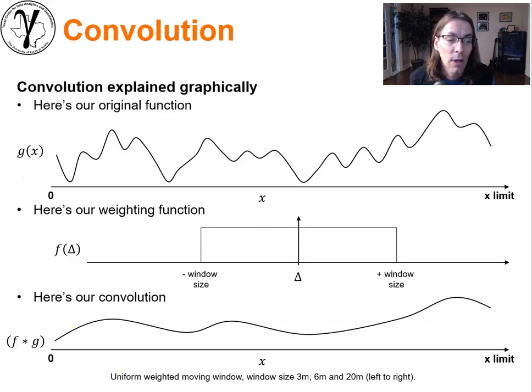Any number of dimensions is of course possible. Now let me just sketch out a very simple description to help you understand convolution. When I think of convolution, I think of a moving window averaging type of methodology. So let's give ourselves an exhaustive function g, and we'll apply a weighting window f over this window size.